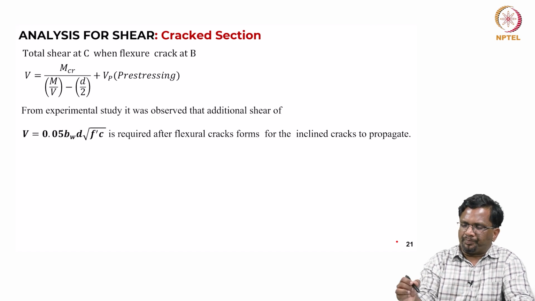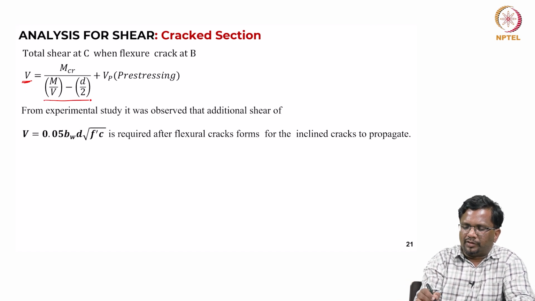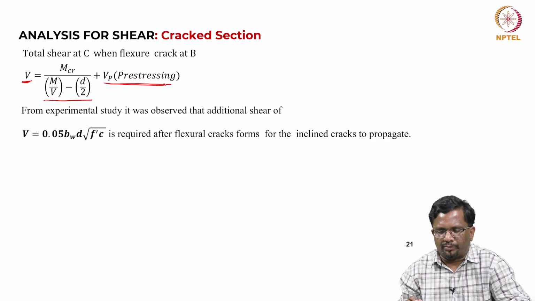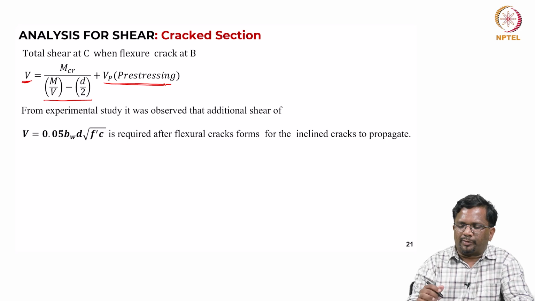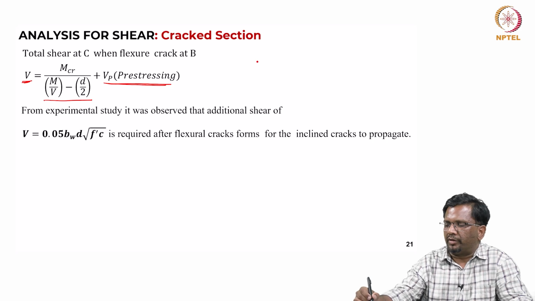So, you see here, the shear at that section C is this plus whatever the beneficial effects of the vertical component of your prestress. From experimental work we know that an additional shear is needed.